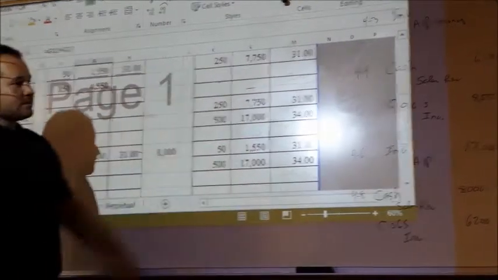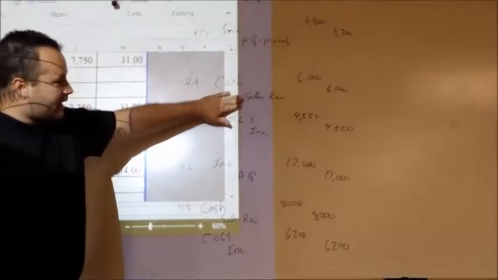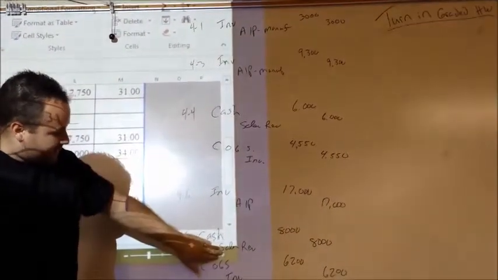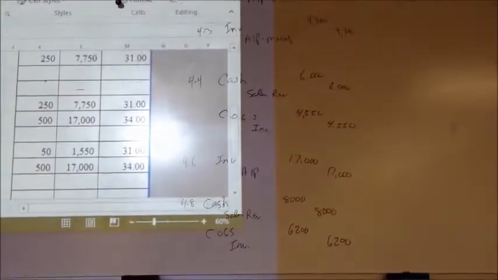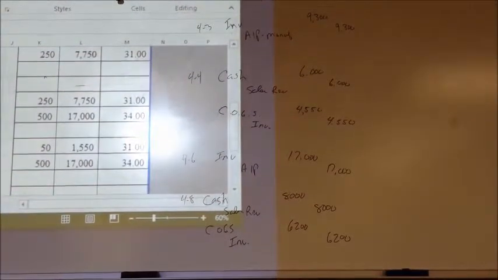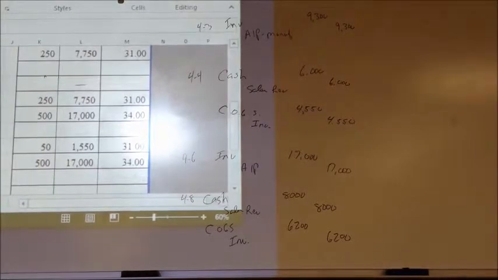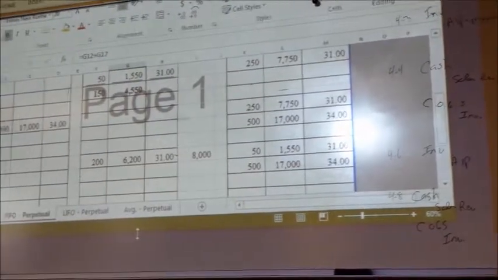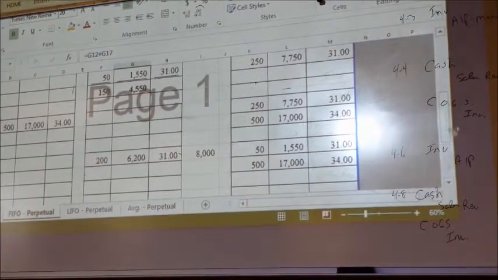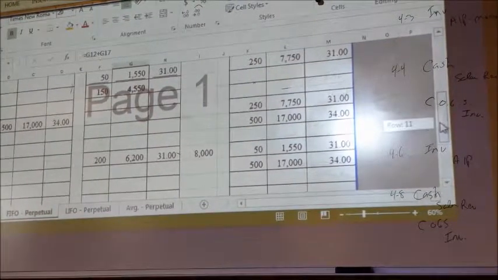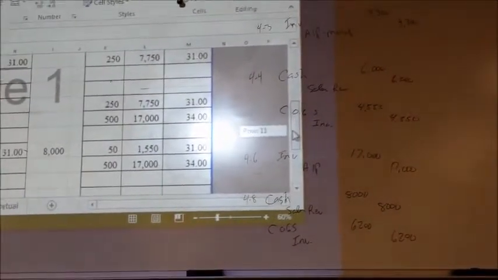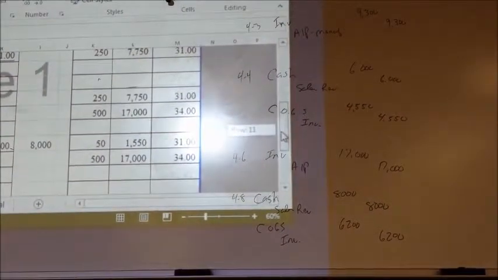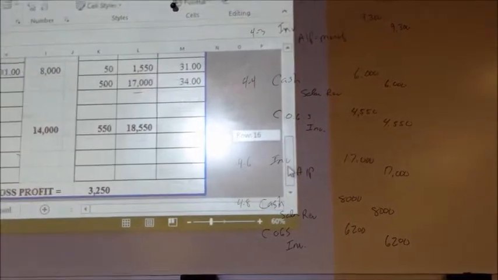Remember I had a sales revenue T account item of 8,000, 6 and 8, 14,000. What's my cost of goods sold? $29,750. Yeah.